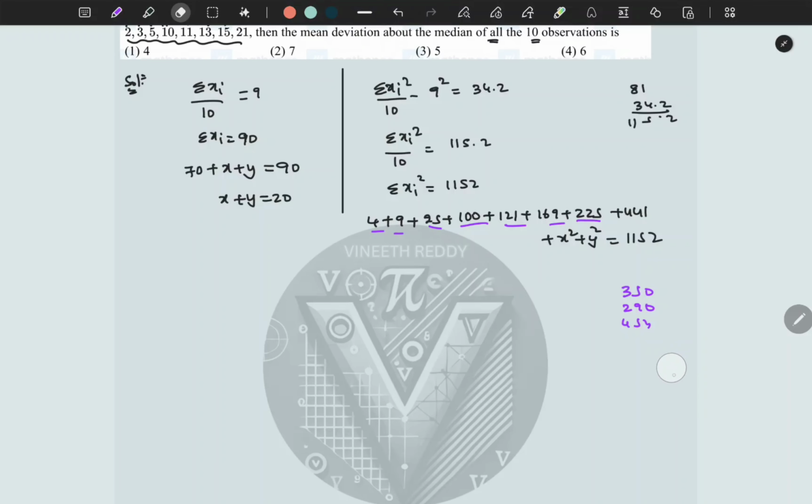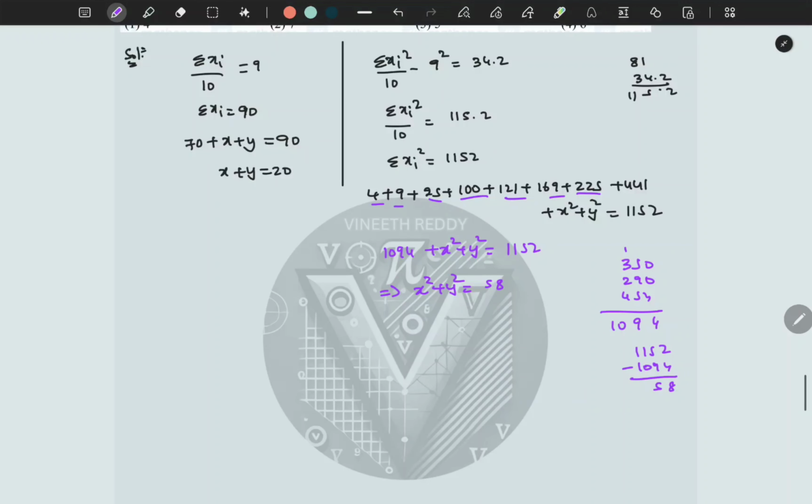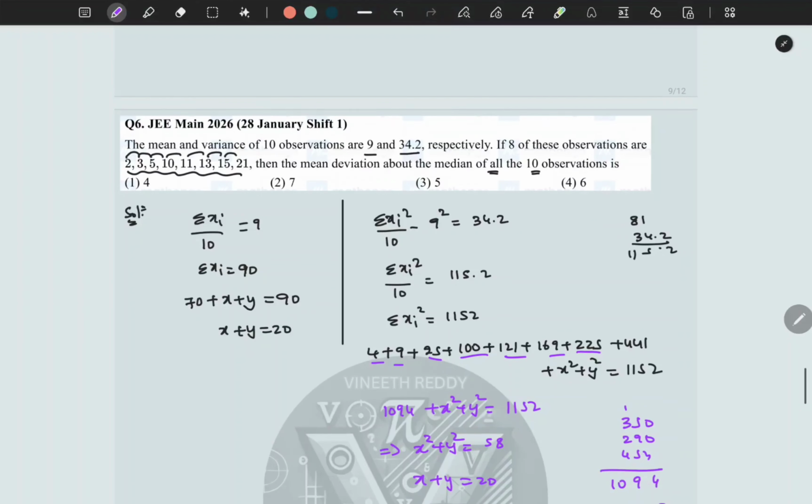So what do we get if I add this? We have 1094 plus x square plus y square is equal to 1152, right? So now x square plus y square will be 1152 minus 1094. I think it is 58, right? Yeah. So again we have x plus y is equal to 20 and x square plus y square is 58.